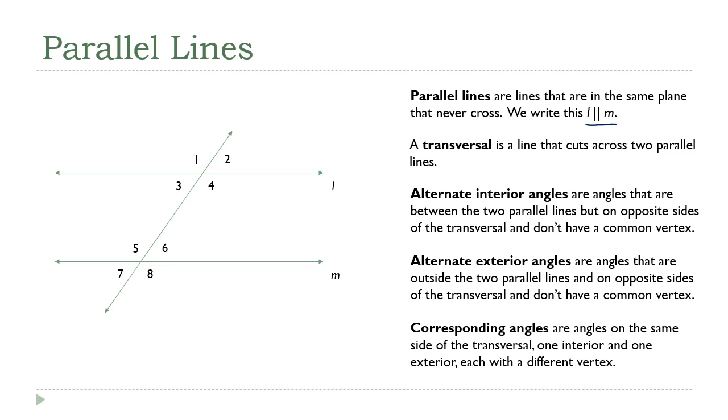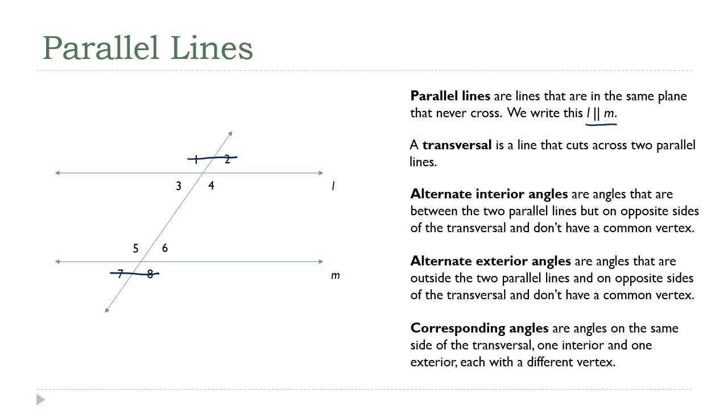So, alternate interior angles are angles that are between the two parallel lines, right? So that rules out angles 1 and 2 and angles 7 and 8. But on opposite sides of the transversal. So far that could mean 3 and 4, or it could mean 4 and 5, among others. But there's one more part. They also don't have a common vertex.